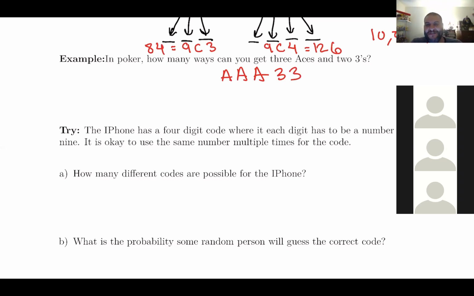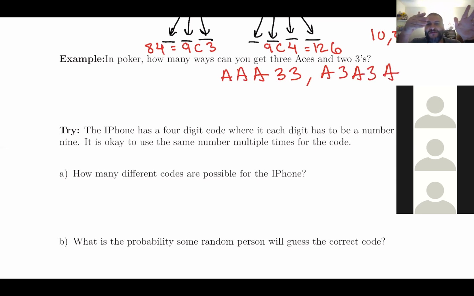All right, so we just want to find out how many different ways you could get 3 aces and 2 threes. That's a pretty good hand. That's a full house. So pretty much we want to find out how many different ways we can get a full house where you get 3 aces and 2 threes. For this one, think about it: this is one of the ways you could get it, but does it make a difference if I get ace, 3, ace, 3, ace?